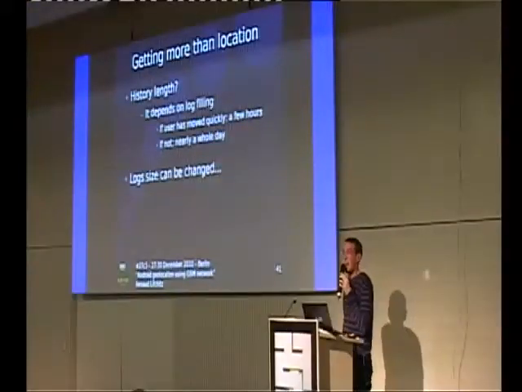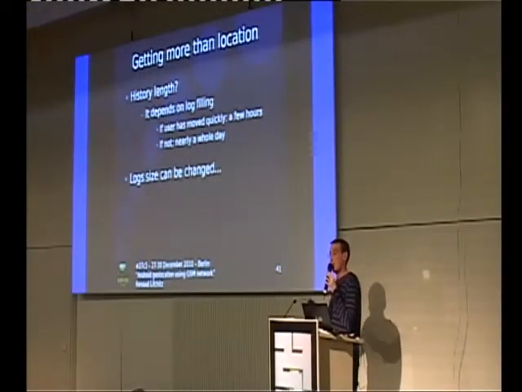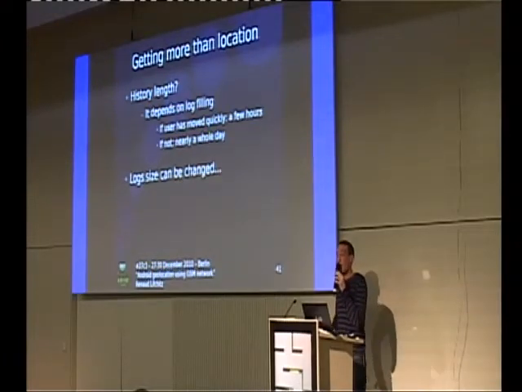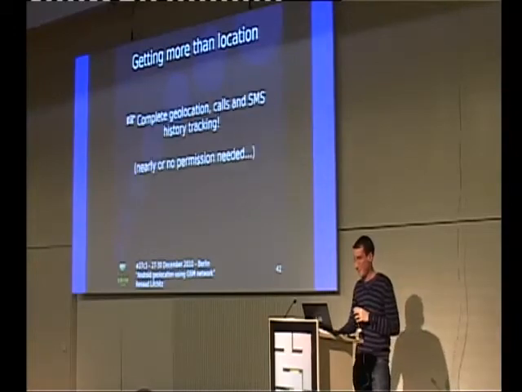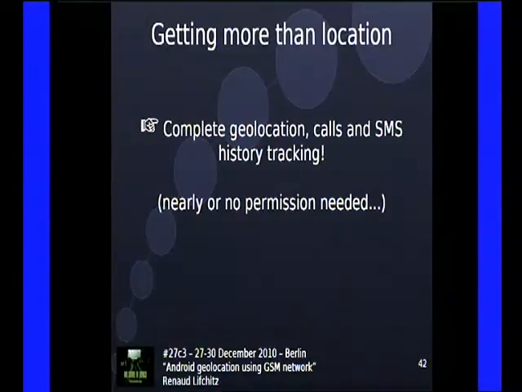But remember, with the logcat tool, you can change the log size, and you can, in a malware, multiply the log size by 10 or by 100 in order to be able to gather user activity for a month or for 2 months. So now you have complete geolocation, calls, and SMS history tracking with nearly or no permission needed.